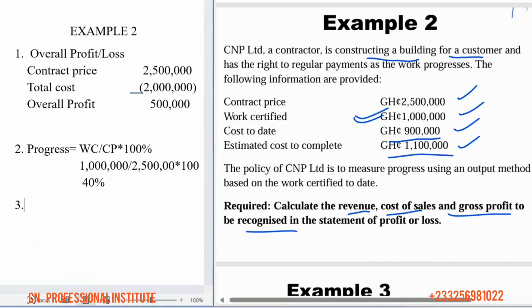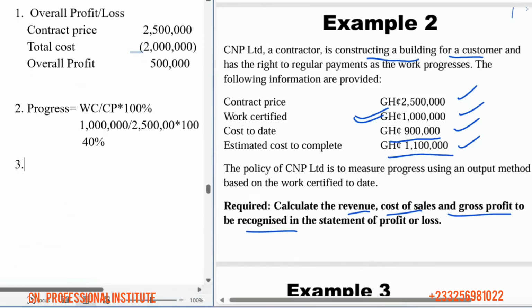Step 3 is where we are going to record our revenue. So step 3, how much revenue do you record in your books? We said for revenue, we apply the progress rate here. So what's our progress rate? 40%. So we apply 40% by the total contract price. What's the total contract price? 2,500,000.